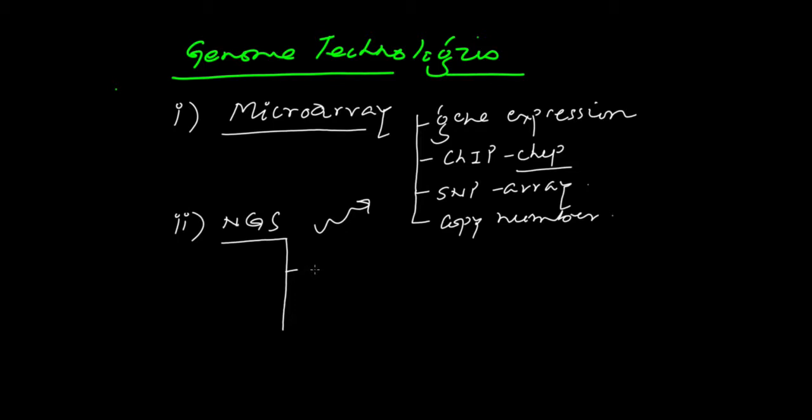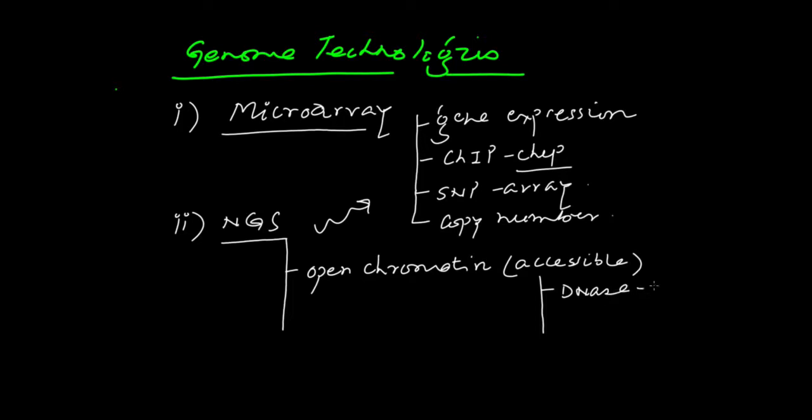For example, there is a whole lot of techniques to identify open chromatin, open or accessible chromatin, right? Accessible means accessible to transcription factors, DNA binding factors. There are a bunch of techniques here. For example, DNase-seq, we will talk about these later on, but I'm just naming a few of them.